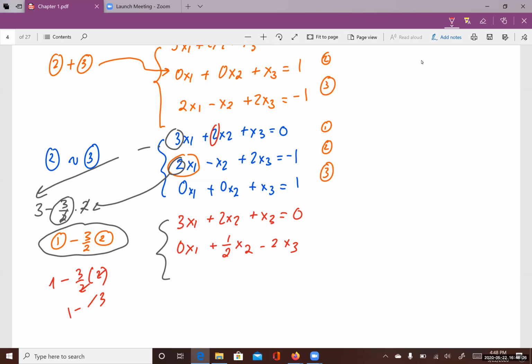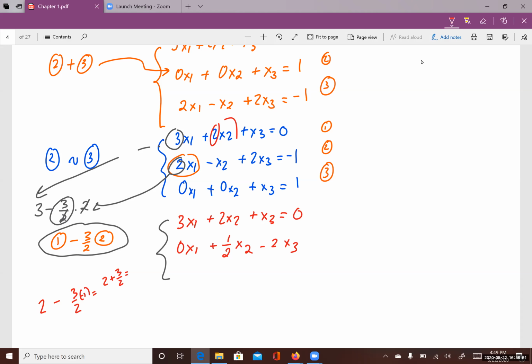Okay. And now I remember that I did something wrong for the second one here. So for the second, let's do it again. For the second variable, x2, I have 2 minus 3/2, but then it's negative 1. So I should have 2 plus 3/2.